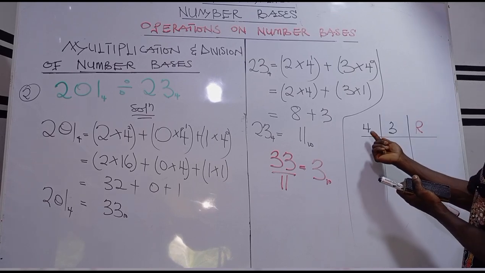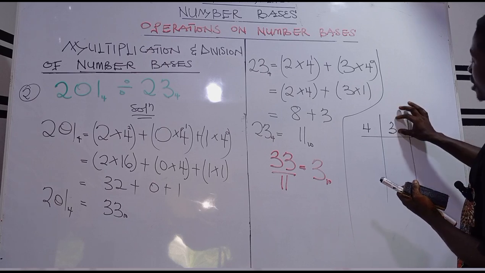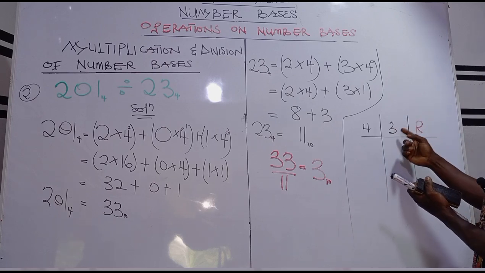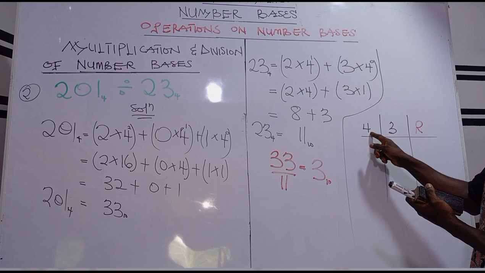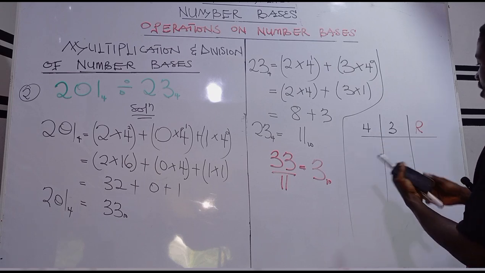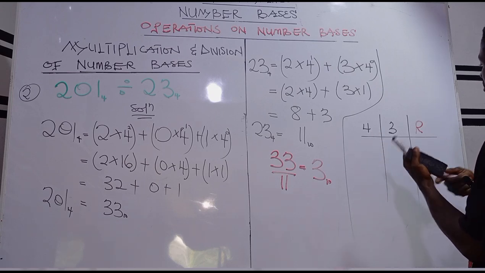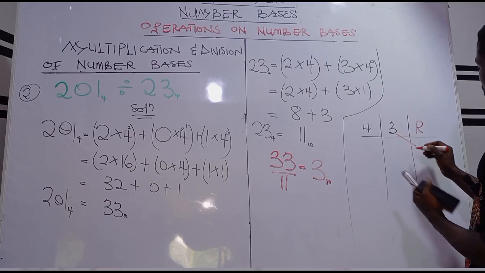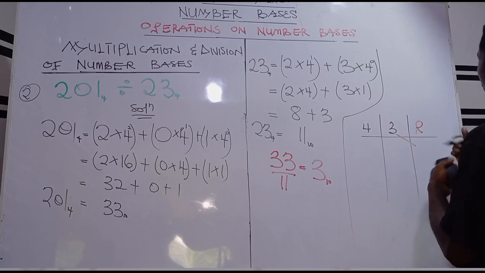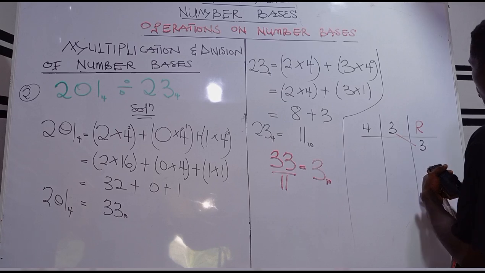So how many times will 4 divide 3? It is not possible because 3 is less than the divisor. So we can't divide anymore. We bring the 3 to the remainder side and then we are done.